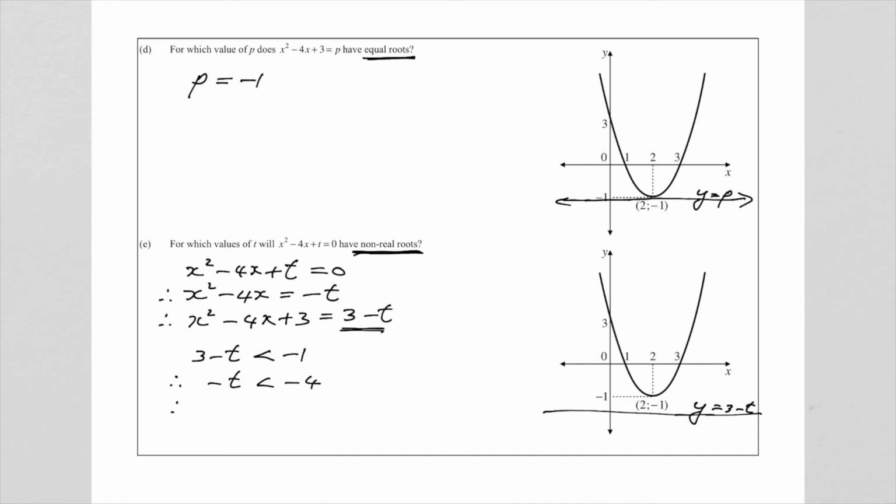And then we divide by a -1. So we say t is greater. Remember, when we divide with a negative, the inequality changes. And t will be greater than 4. So as long as t is greater than 4, we're going to get non-real roots.